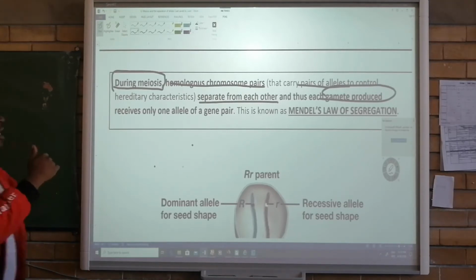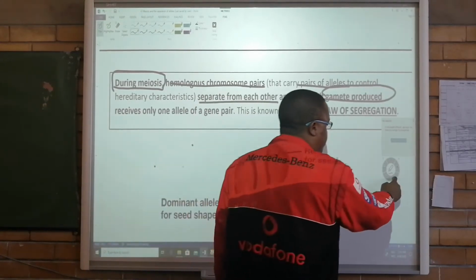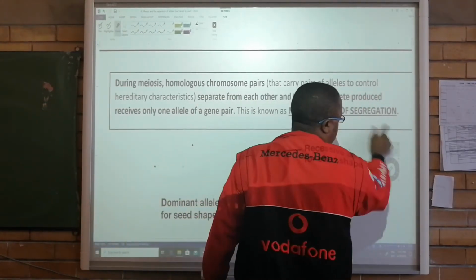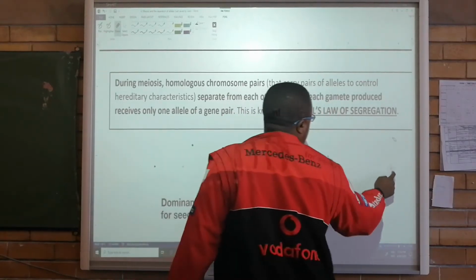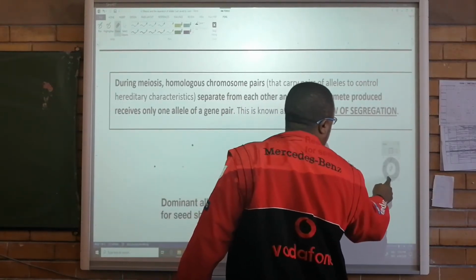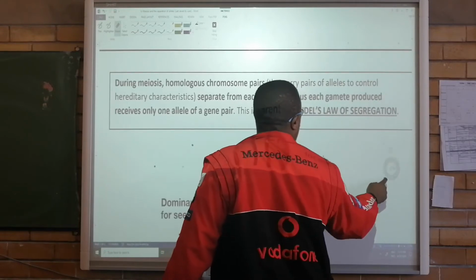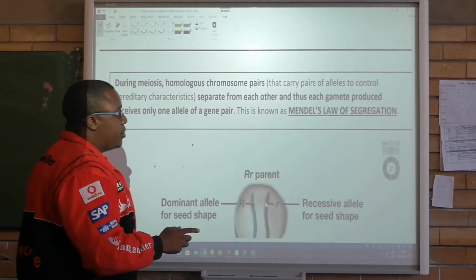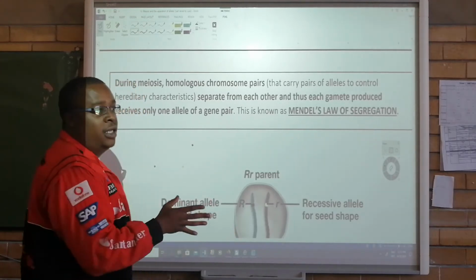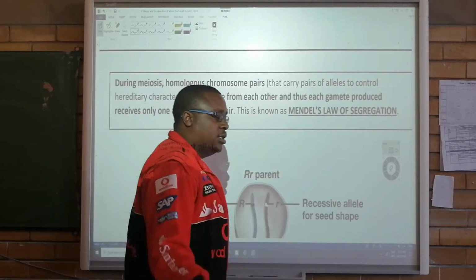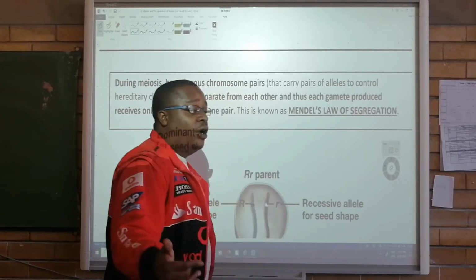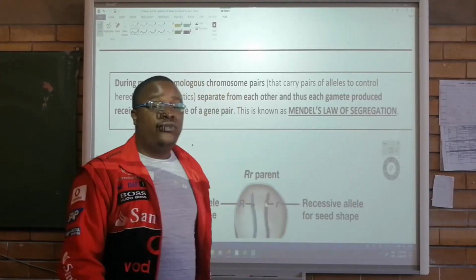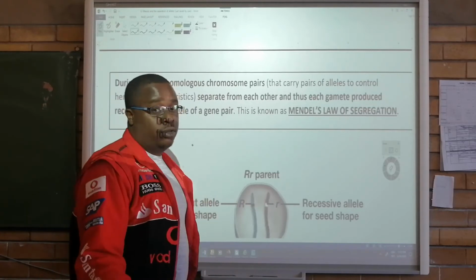So during meiosis, homologous chromosome pairs are going to separate. And when they separate, they're also going to be carrying what? Alleles. So it means that on a gene pair, the gene pair is going to be split, as the two alleles are going with different chromosomes.